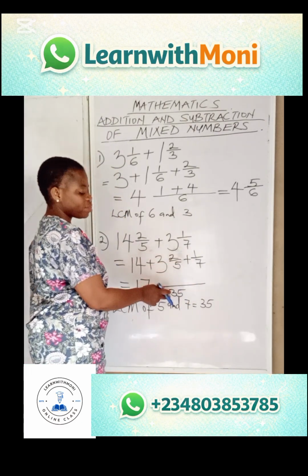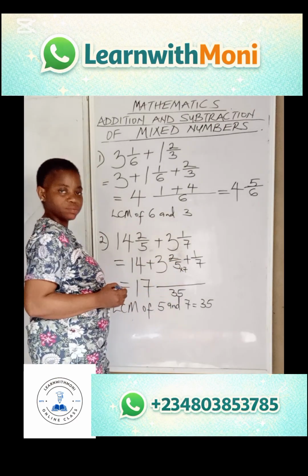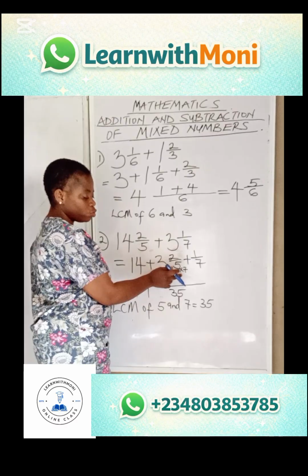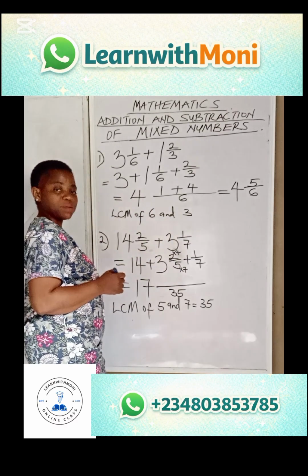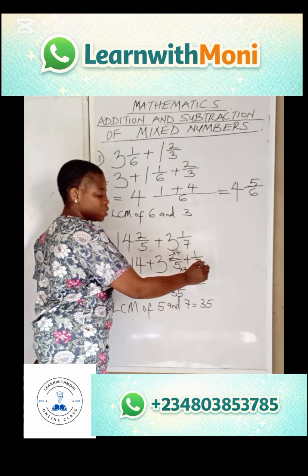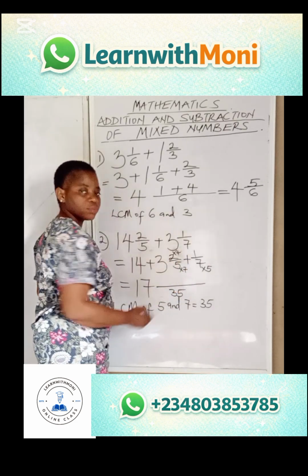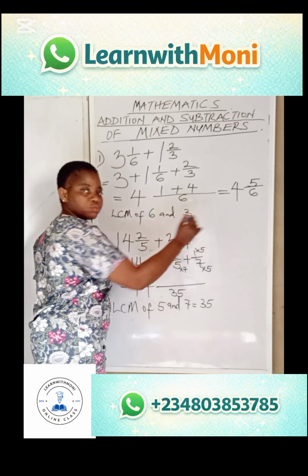For 5 to become 35, I'll have to multiply it by 7. Whatever you do to the denominator, you must do to the numerator. So the top also will be multiplied by 7. For 7 to become 35, I have to multiply it by 5, and the top also.